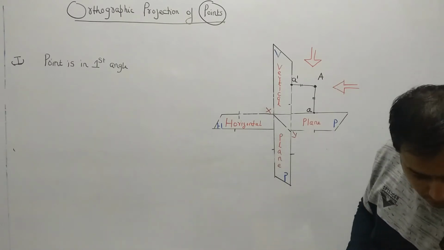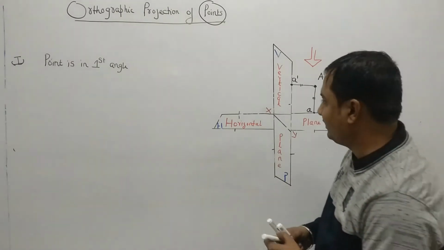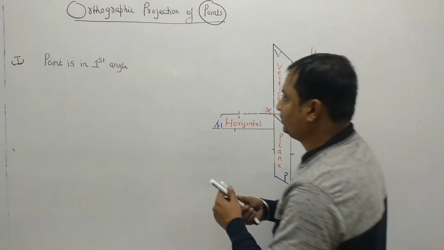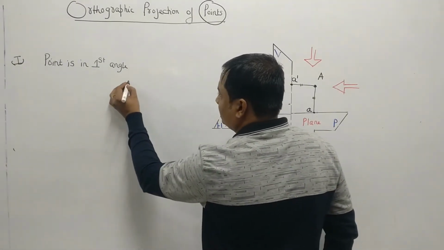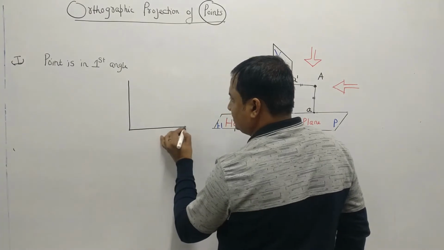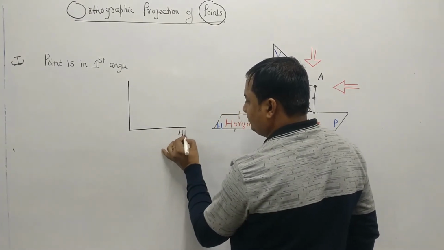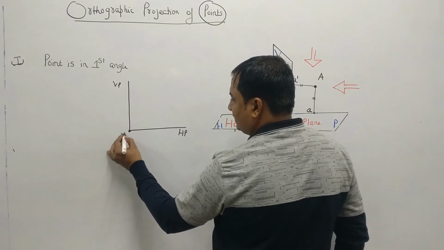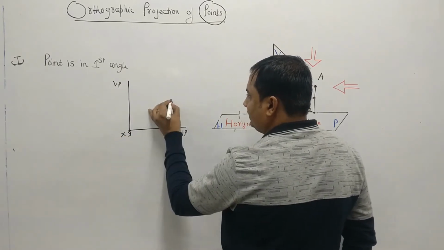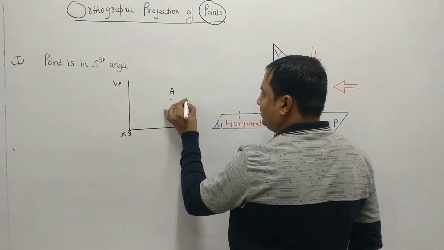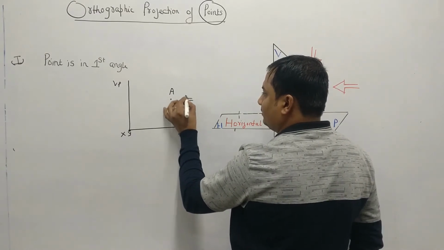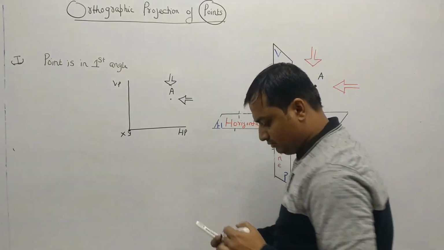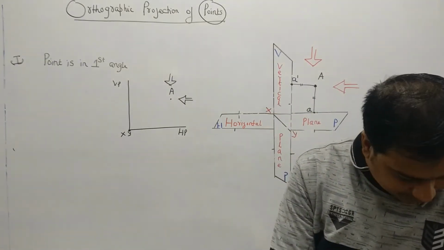Again, if I isolate this first angle and show you the representation: this is my first angle, this is my HP, this is my VP, and this is my intersection, that is XY. The point is lying here, that is capital A. This is from the front observer, this is for the top observer. Okay, so this is just the representation.